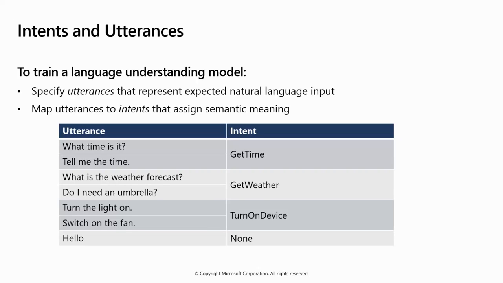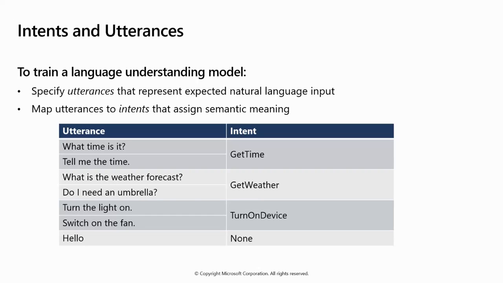In this case, the intent is the meaning of the utterance or the intention of the users. Okay, we need to make our model by defining intents and linking them to one or more utterances.